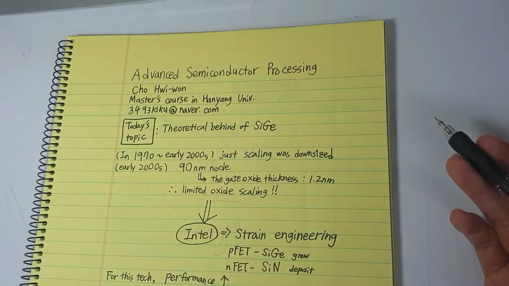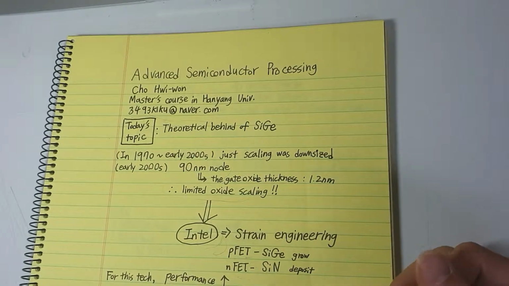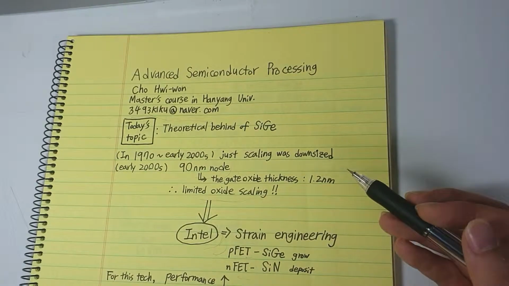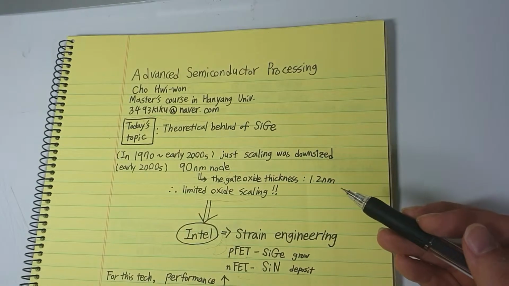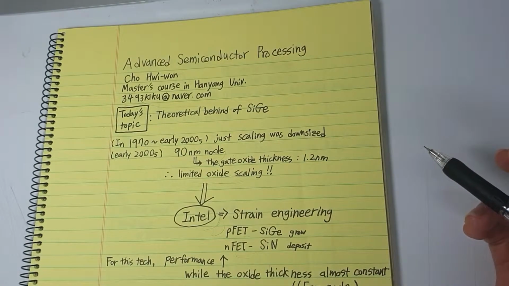With this technology, performance was enhanced while the oxide thickness was almost constant until we reached the 65 nanometer node scale.